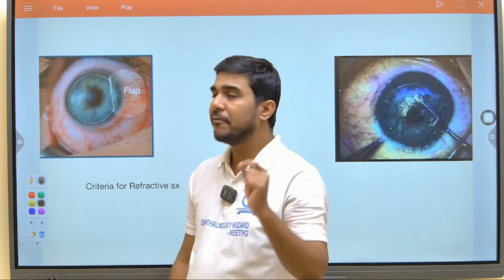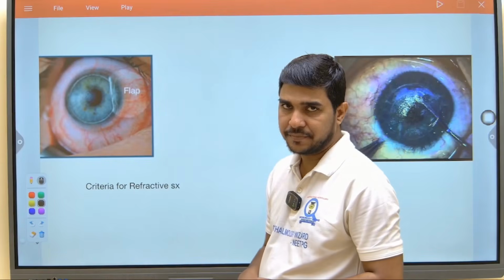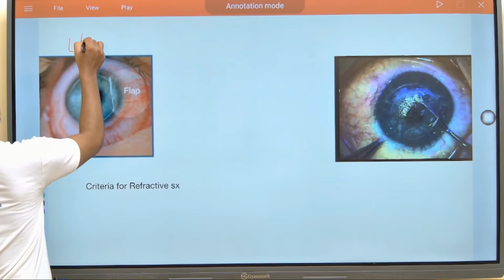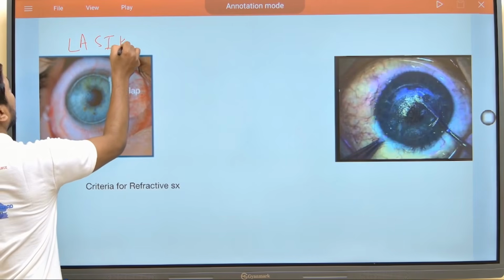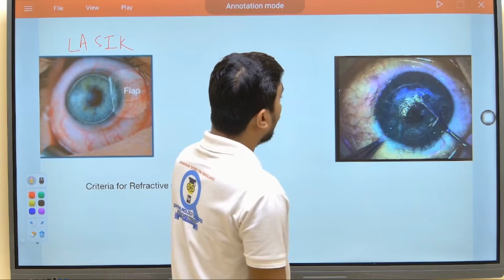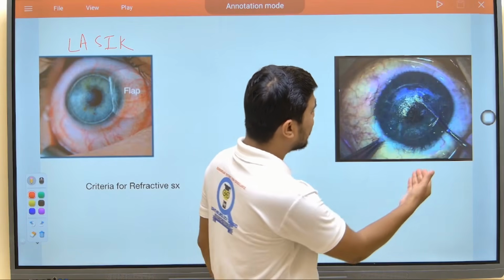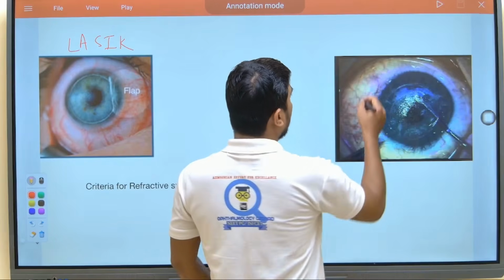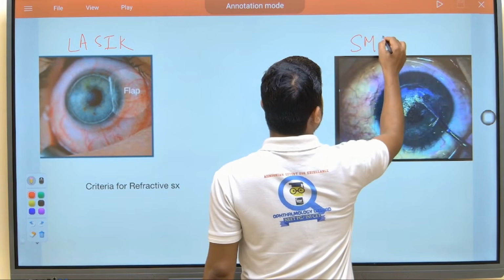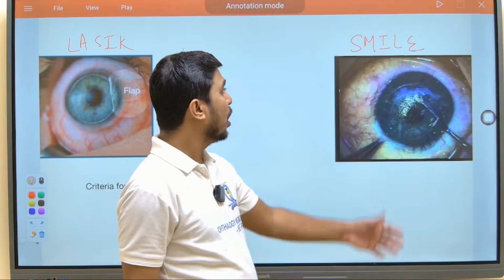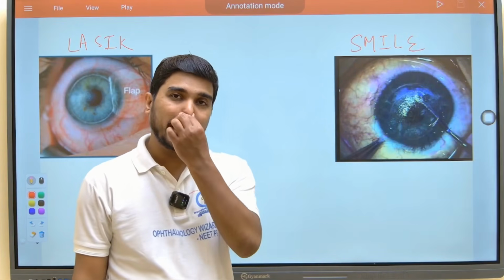Now you have to identify what is this procedure and what is this procedure. If you see a flap lifted up like this, the procedure will be LASIK, laser assisted. What is this? If you see some instrument inside the pocket of the cornea, this will be a SMILE procedure, a small lenticule extraction incision.